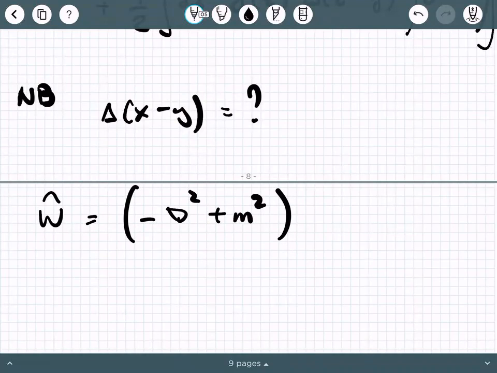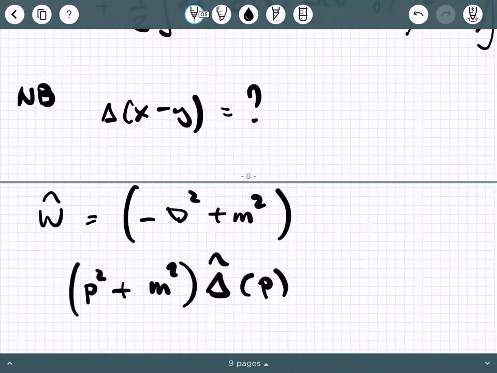So if you do this, the idea is always the same. You go to Fourier space. This becomes p squared plus m squared times the Fourier transform, and this is the Fourier transform of a delta function. That is 2 pi to the 3. Well, actually, it really depends on how you define the delta functions, where you put the 2 pi.